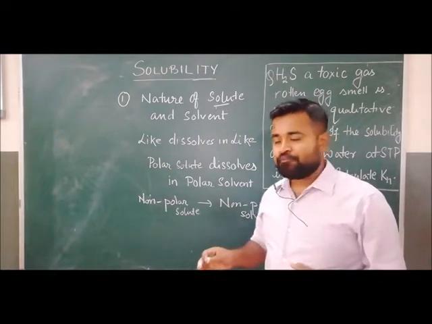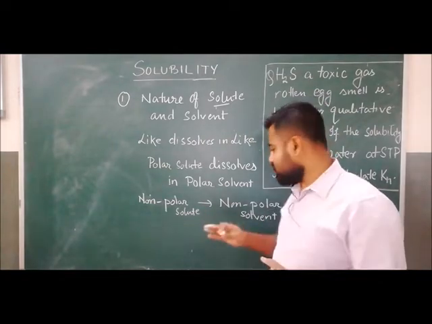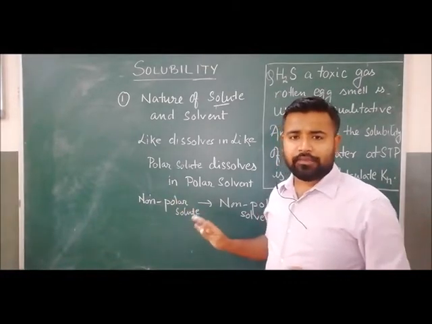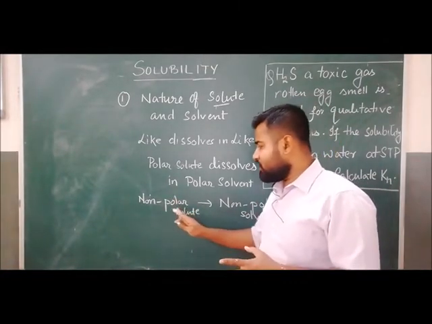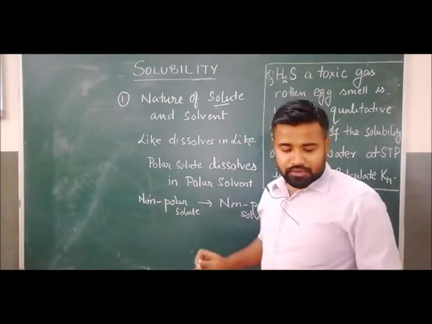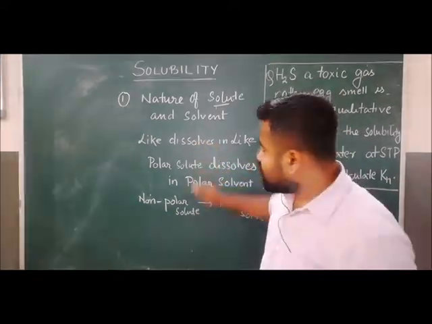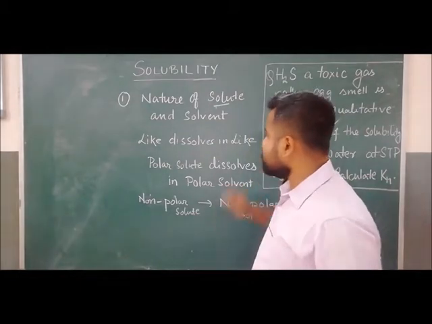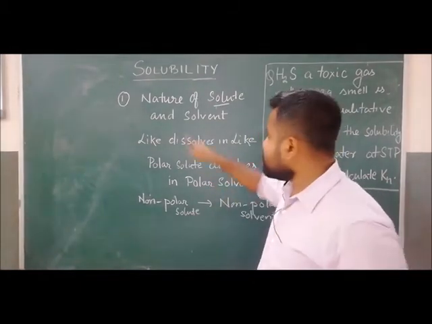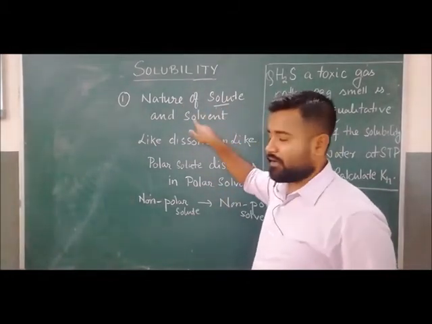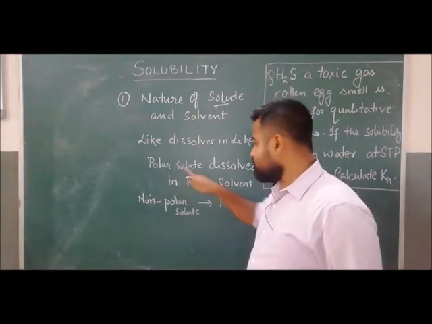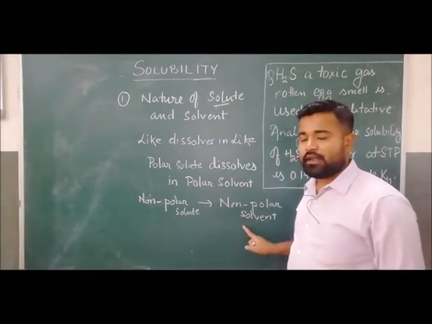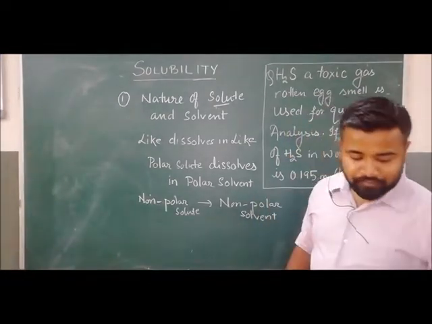Examples of non-polar solvent are petrol and kerosene, and non-polar solutes are also the organic compounds. So, from this part we understood that the solubility of the solute depends upon the nature of the solute and solvent, meaning polar solute dissolves in polar solvent and non-polar solute dissolves only in non-polar solvent.